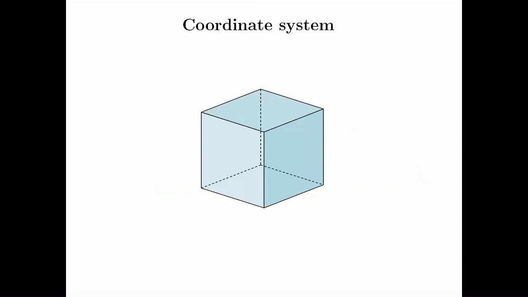If you consider a fluid element, this is just some fluid element, I can write my coordinate system as x, y, and z using the right-hand rule. And x is the direction of the main flow, the principal flow.